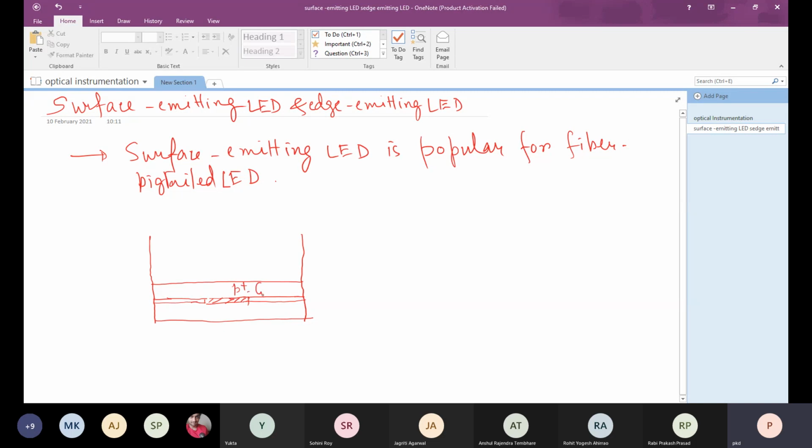So one is P plus gallium arsenide, which is the main source of the positive ions. Then P minus aluminium gallium arsenide. Then there is a narrow layer of gallium arsenide.